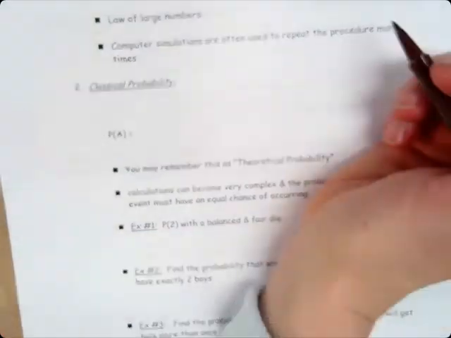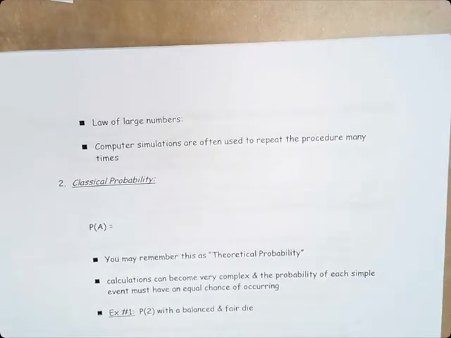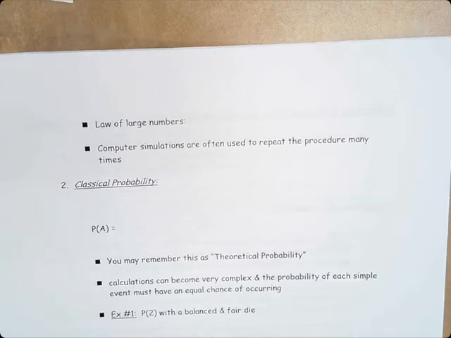Okay, law of large numbers. As a procedure is repeated again and again, the relative frequency probability of an event tends to approach the actual probability.